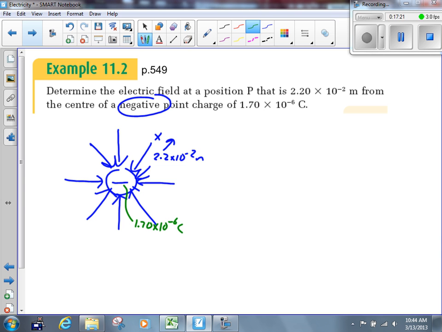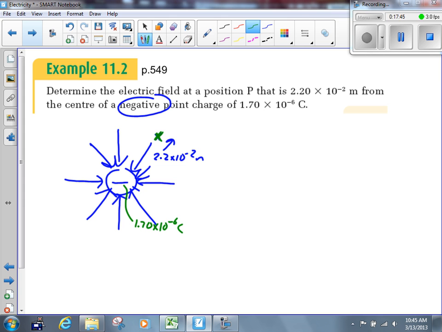Tell me, is this a producer or experiencer? Is it causing the field out here at this point X? Or is it experiencing the field out there at that point X? It's a producer, isn't it? And it's causing the field out there.